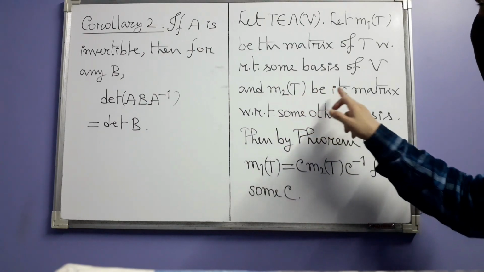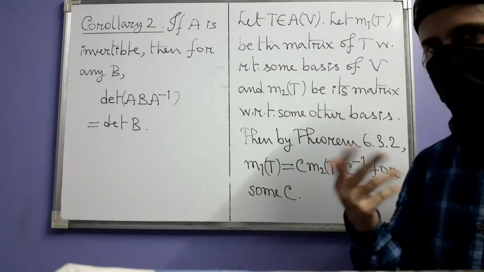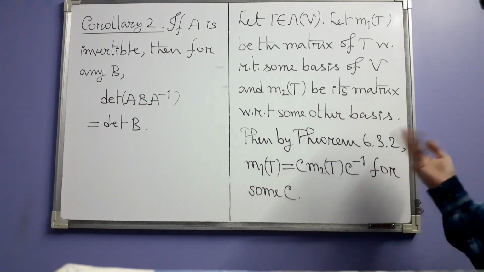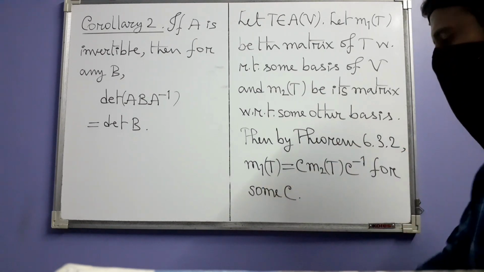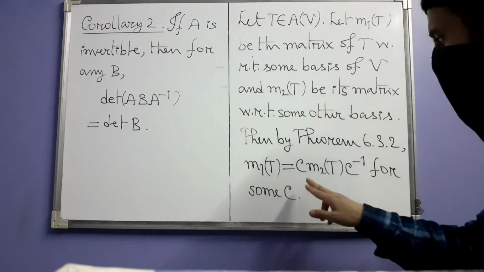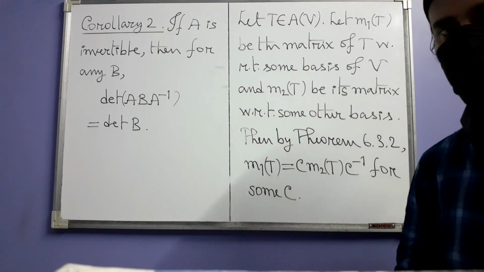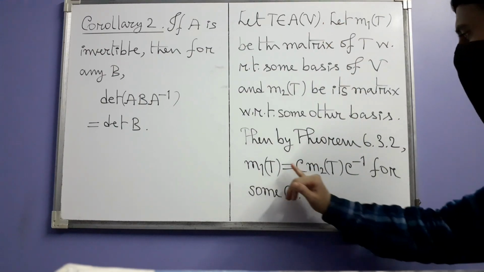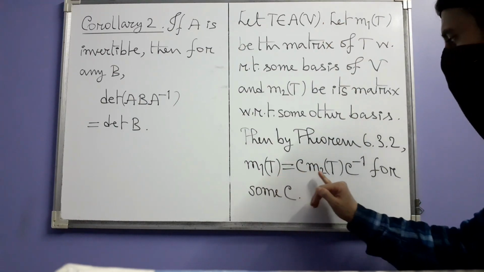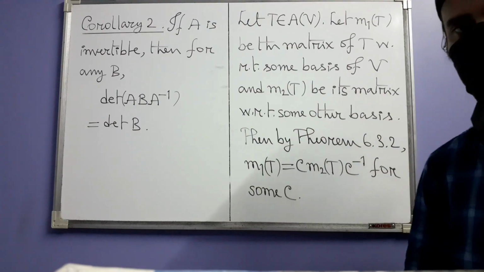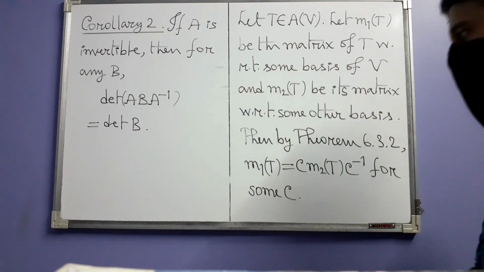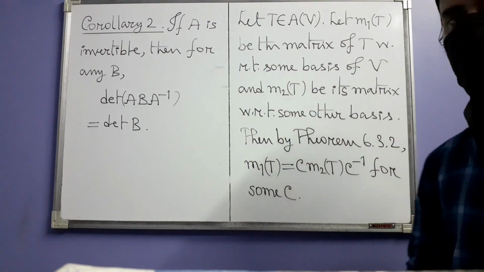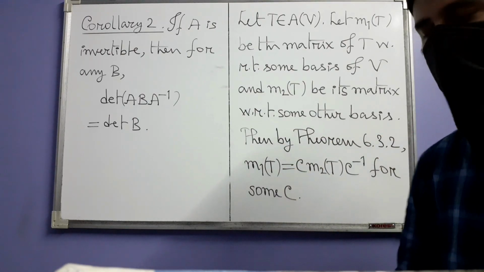Say M2 of T is its matrix with respect to some other basis. Then by theorem 632, you know that these two matrices are similar. That is, there exists a square matrix C of size equal to the dimension of V, such that M1T is equal to C M2T C inverse. So by corollary 2, the determinant of M1T will be equal to the determinant of M2T.